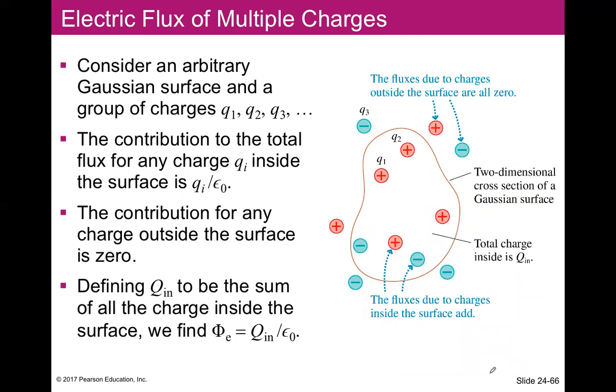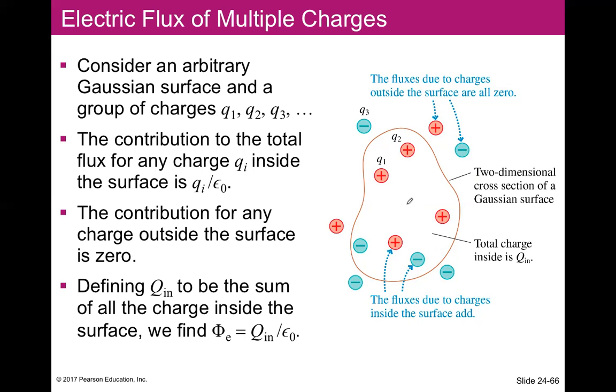And then if you have multiple charges inside a closed surface, the flux on the closed surface only depends on the net charge inside the closed surface. No matter how many charges, what signs of charges, or what distributions of charges outside the surface, it doesn't matter. It depends only on the net charge inside.